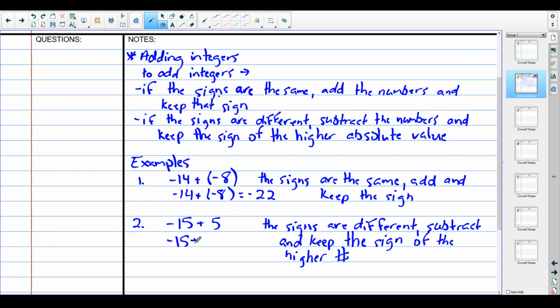So for negative 15 plus 5, this part's right, then we just need to know is it positive or negative. So I say what's bigger, 15 or 5? And recognize that 15 is bigger, so negative 15 has a higher absolute value, so we're going to keep the negative sign, and this answer becomes negative 10.